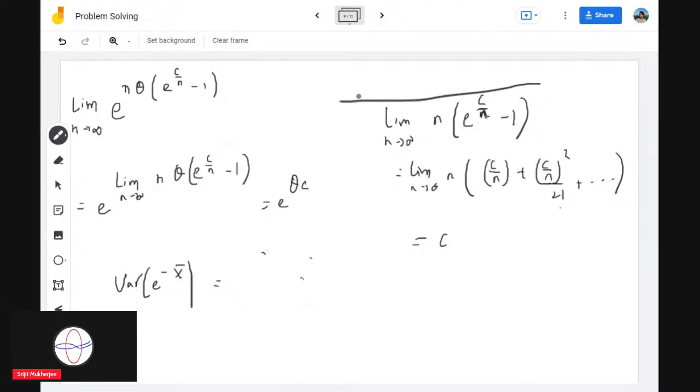The form is doubtful. Okay, you're telling this limit is not right? It is a 0 into infinity form here. So can we actually use the Taylor series expansion? Why do you think Taylor series is wrong here? Yes, you can use that.